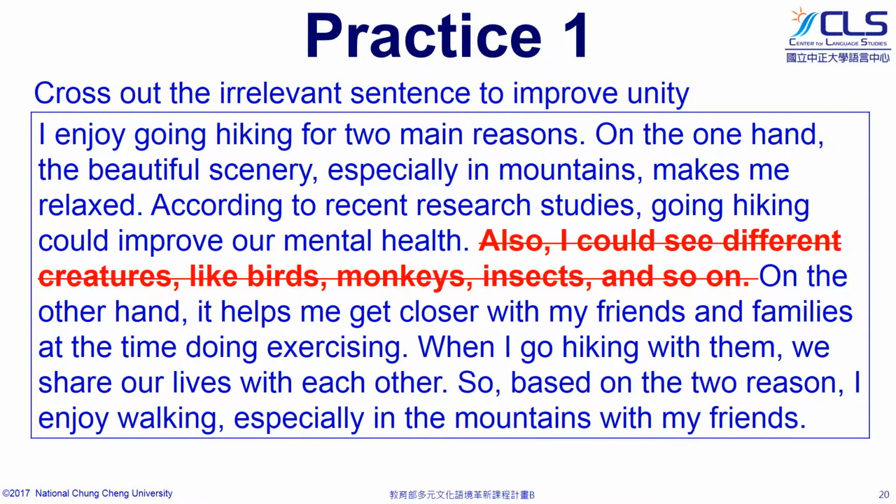As what we've learned, to have unity in the writing, we only discuss the idea mentioned in the topic sentence. So, we need to cross out the sentence in red because it didn't support either of the 2 reasons: helps make a writer relaxed or get closer to his or her friends or families.